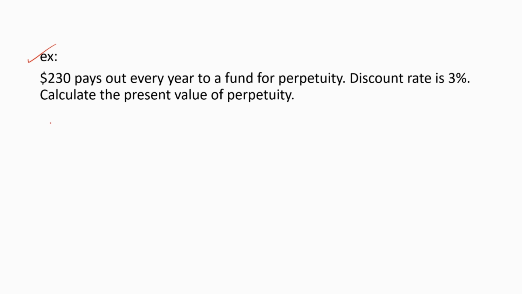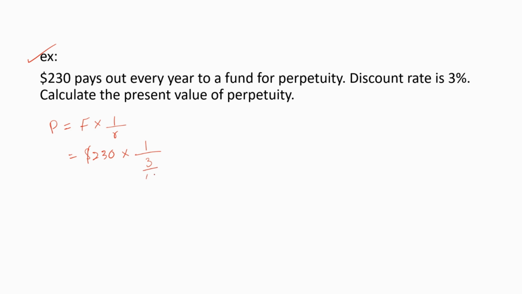So now we know the formula of perpetuity. This equals F multiplied by 1 over R. F is the initial amount, which is $230 multiplied by 1 over R. Always remember to convert this percentage into a decimal value.